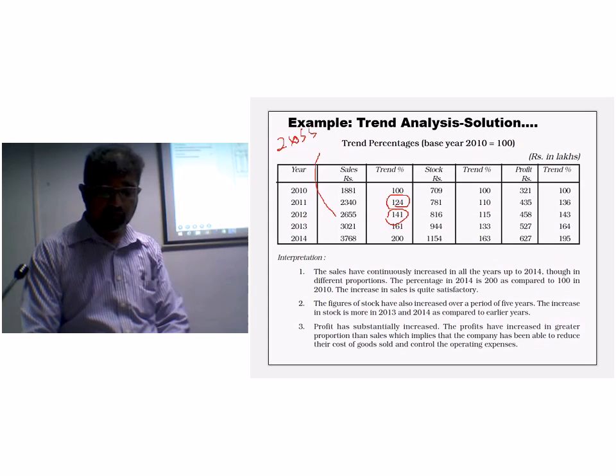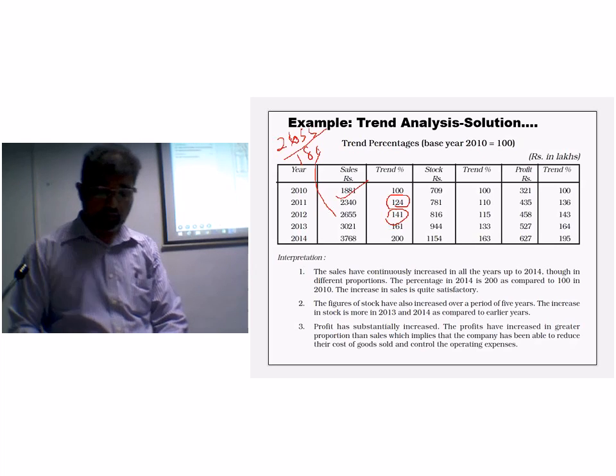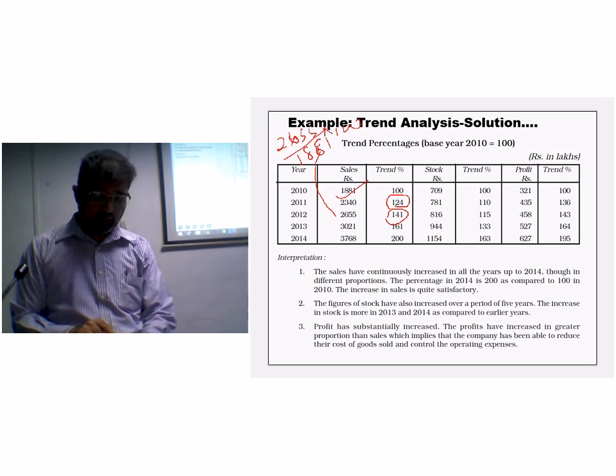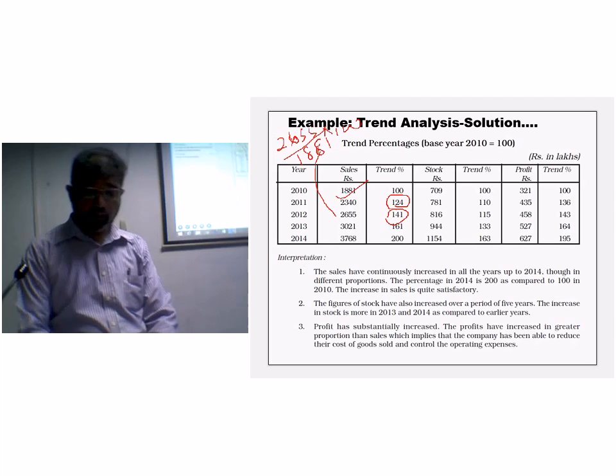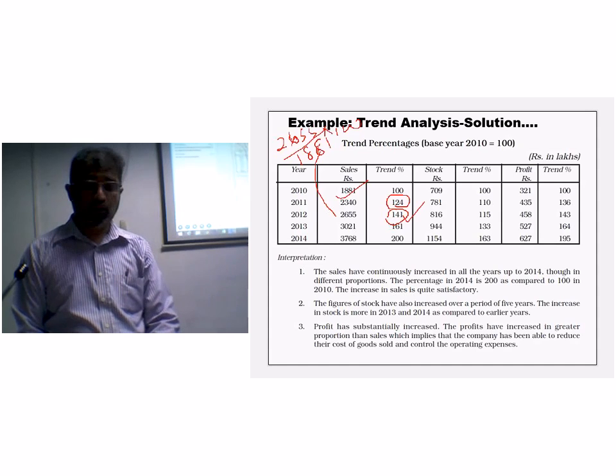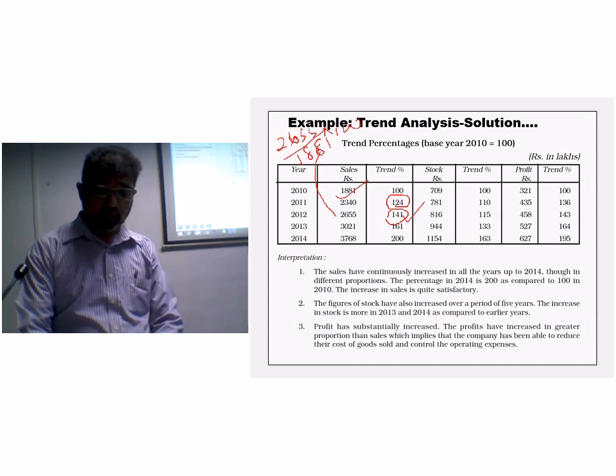Again, if you go to this one, you can take this value, 2655, divided by the base year value 1881, into 100, right? Using your calculator, 2655 divided by 1881 into 100, your answer is 141.14, approximately 141, right?